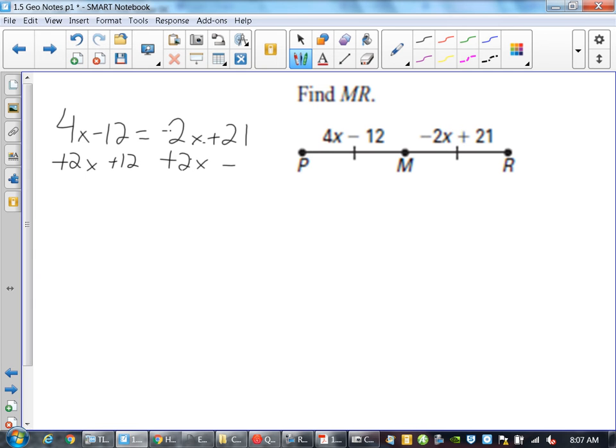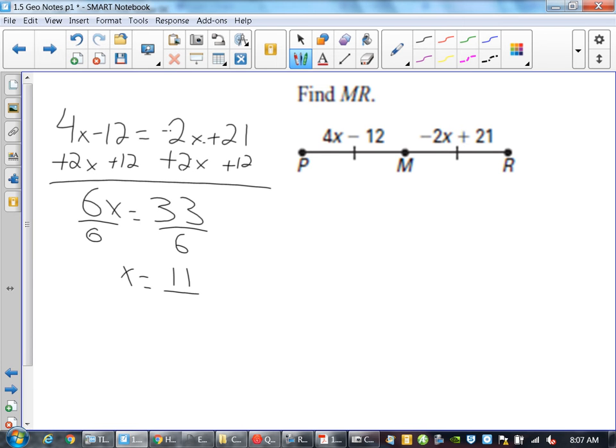So 6x equals 33. And then divide by 6 on each side. Then x should equal 33 over 6. Divide both by 3, you get 11 over 2, 5.5.